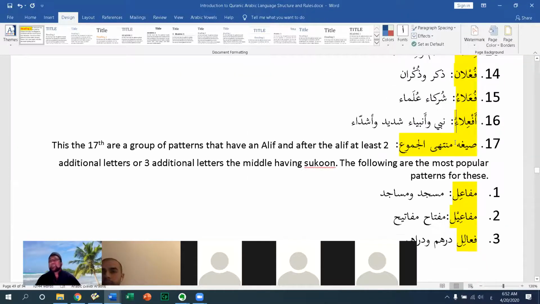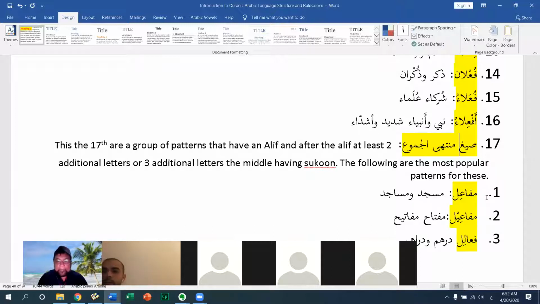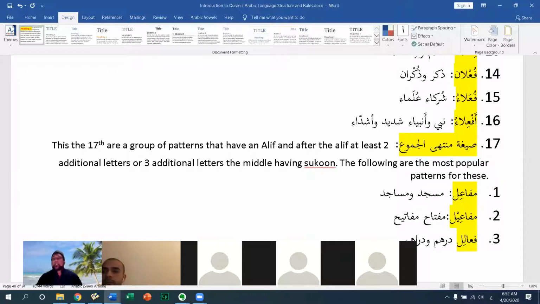So the 17th pattern is a group of patterns actually. صيغة منتهى الجموع. This means that they follow a pattern where you have an alif, and at least after the alif, there are at least 2 or 3 additional letters.